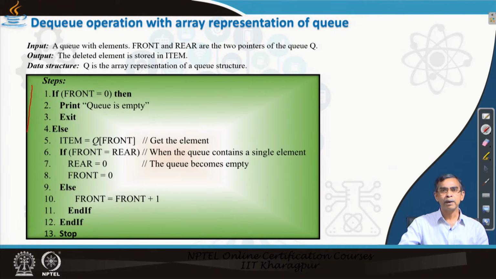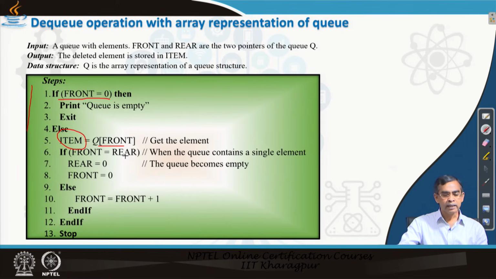Before performing the dequeue operation, you have to check whether the queue is empty or not. The queue is empty when front comes to 0, that means there are no more elements to be removed. Otherwise, read the element at the front location, let the element be item.